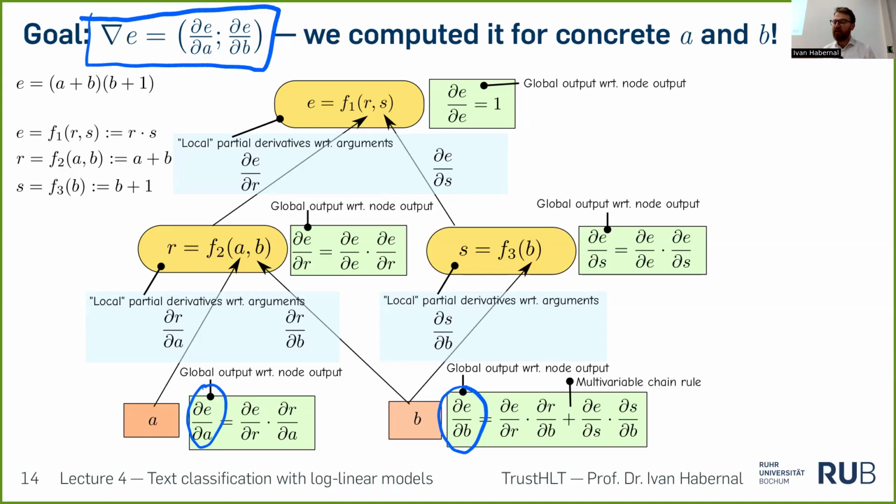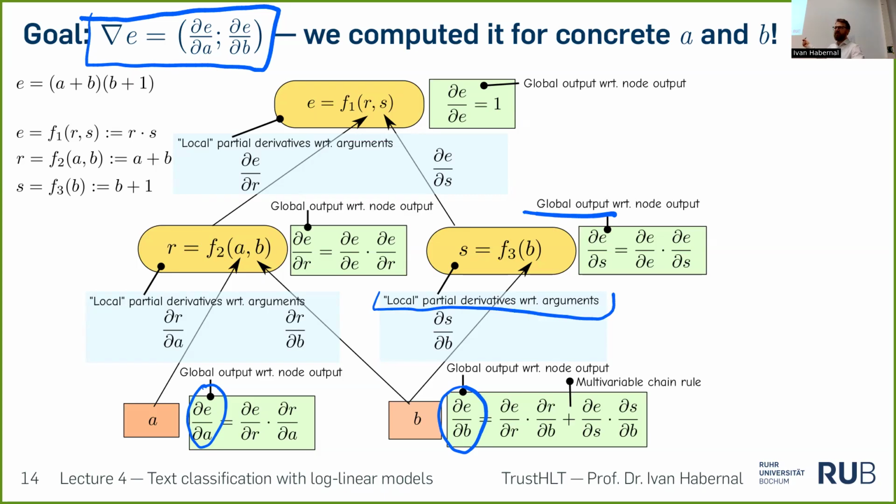Okay, so we have a very complicated thing for computing the gradient, because you could do it by hand. But the trick is, however you build a graph, you use the same operations on any graph. As long as you can compute the global output with respect to a node and the local partial derivatives with respect to arguments, you can compute the gradient for any differentiable composed function.